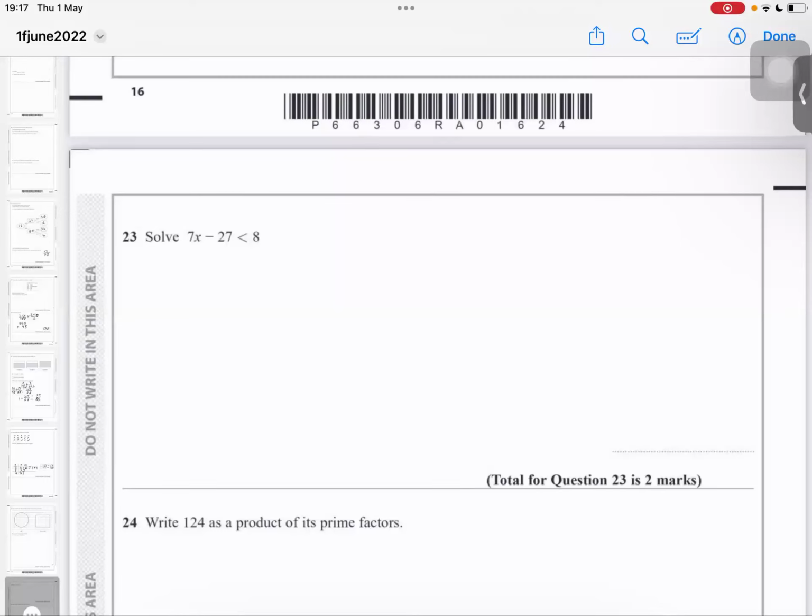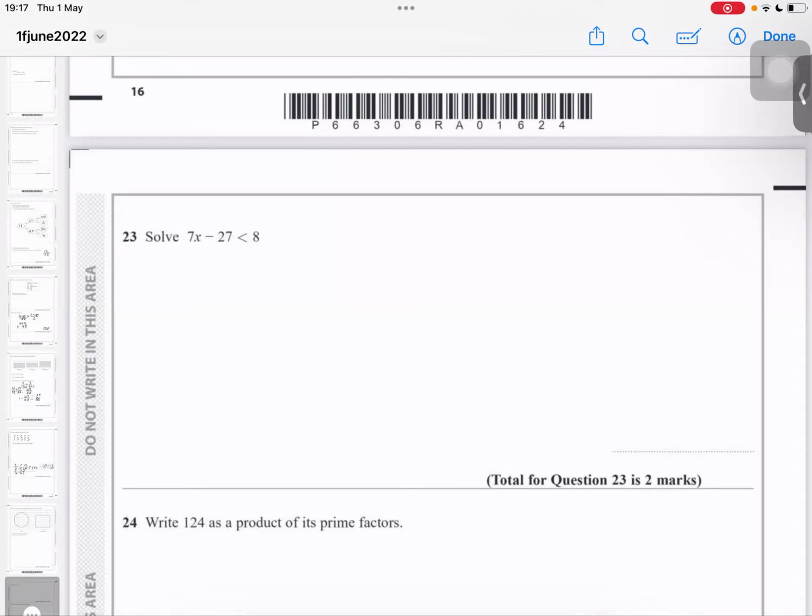All right. So let's see. Okay, so can you solve this one? Yes.